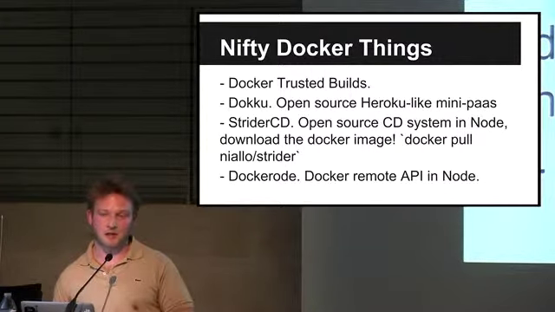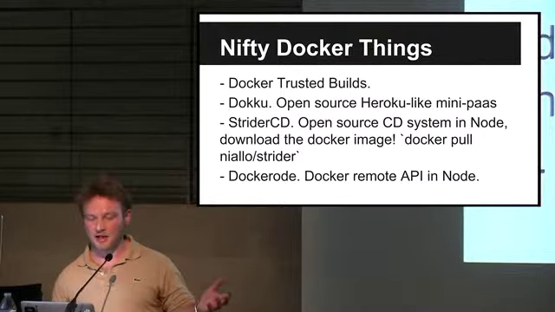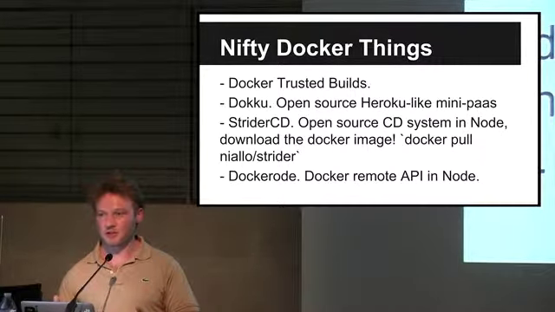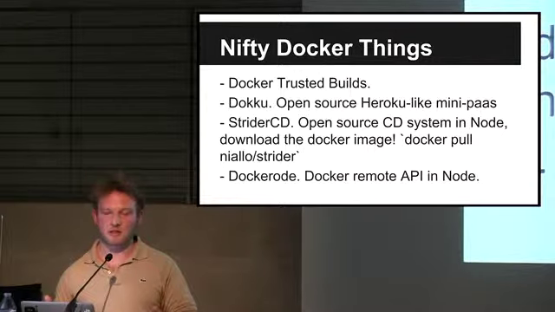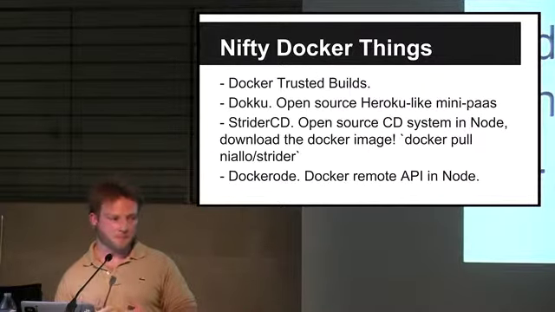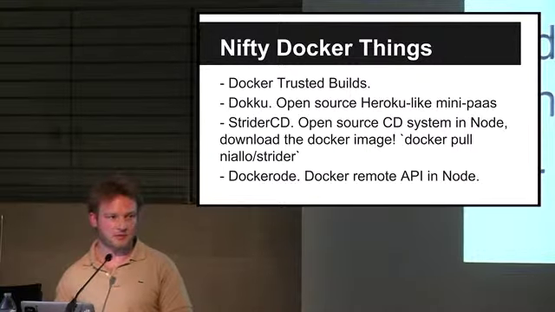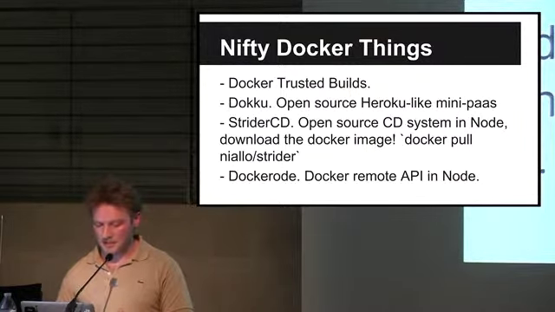On every commit, it will build that Dockerfile for you in their cloud and push that image into the registry. That's really nice because building one of these on your laptop could easily take half an hour if you're doing a lot of complicated apt-gets, and pushing that over the network could easily be 5 to 500 megabytes. So they'll do all that for you. Check out Docker trusted builds if you're doing this with open source.